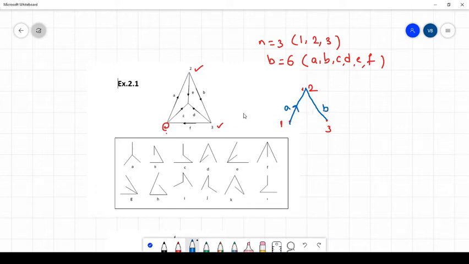Until here, you observe only 3 nodes are there. Here he did not mention any node, but there is another hidden node. So this node is the 4th node. Okay, so in total how many nodes are there? 4 nodes are there.